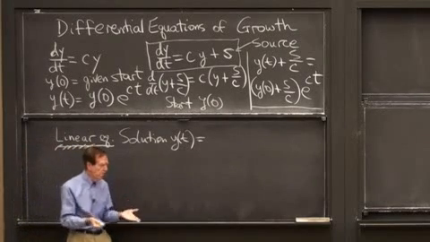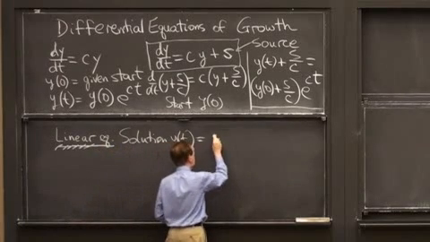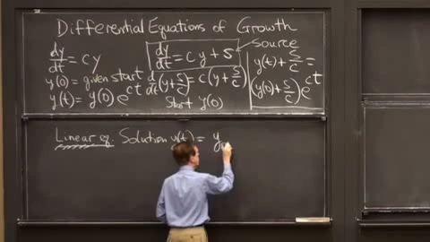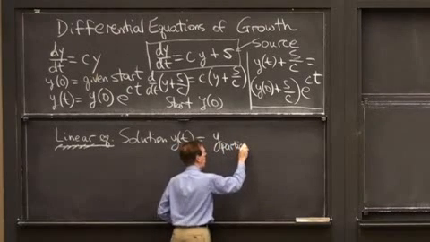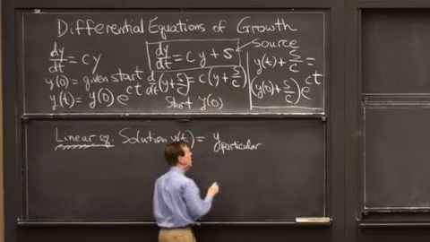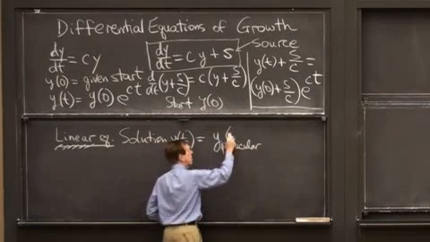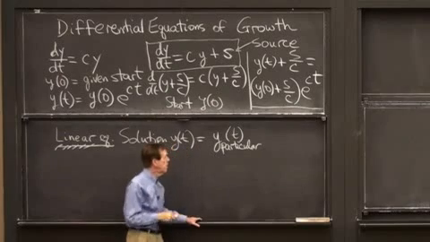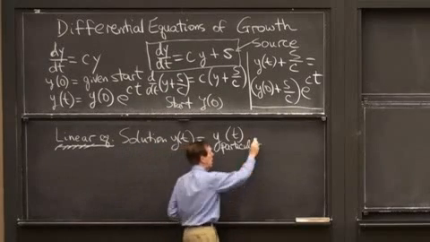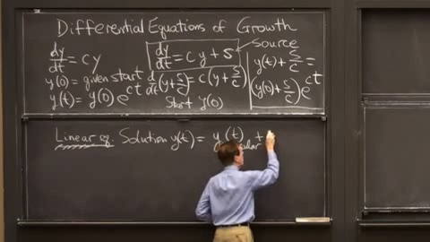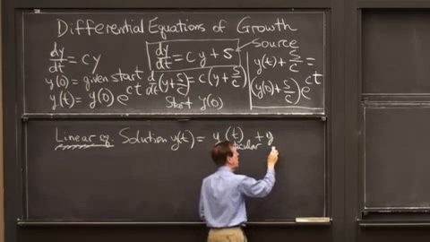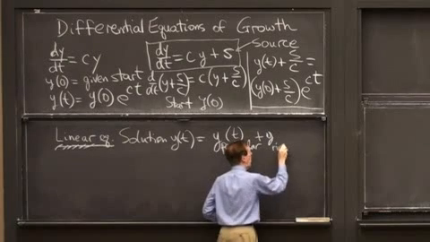Always has the form of some particular solution, some function that does solve the equation, plus another solution with a right side 0.